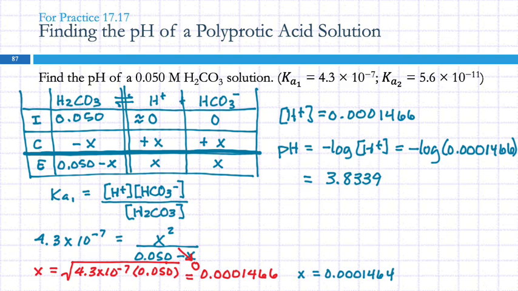When we're doing ice tables, it's almost always two significant figures. And so you can just look at the Ka values, the initial concentration, whatever those sig figs are, you can just safely do that many sig figs in your answer. The one tricky thing is with pH and sig figs, right? This 3 represents the decimal places.